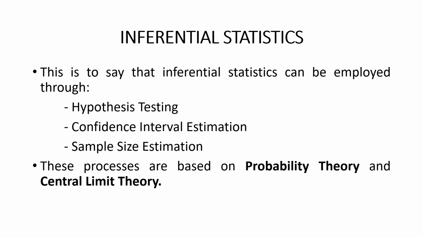It says that where a variable in a population follows a normal distribution pattern, 95% of the values will lie between minus 1.96 and plus 1.96 standard deviations from the mean.